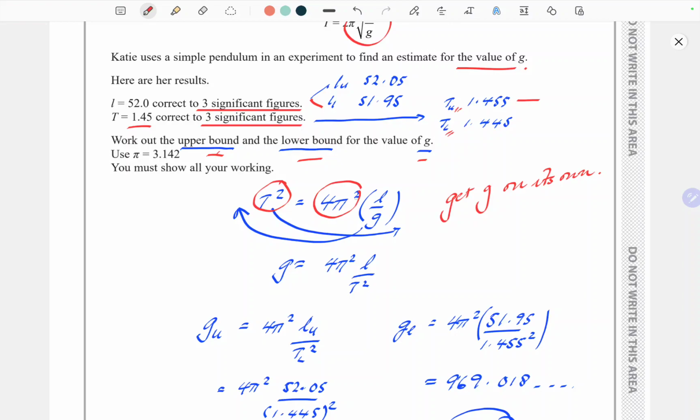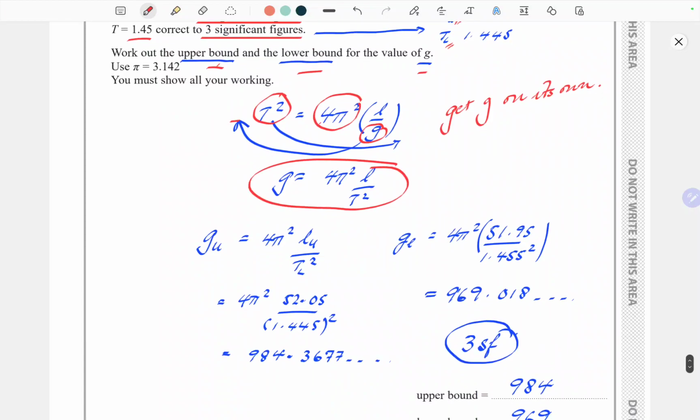So you just square everything on that. And you end up with T squared equals 4 pi squared times L over g. Move the g to the other side, and bring the T squared underneath as a divisor, denominator. And you end up with this formula here. That's the rearranged g on its own.